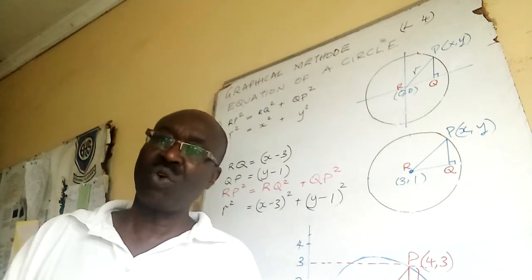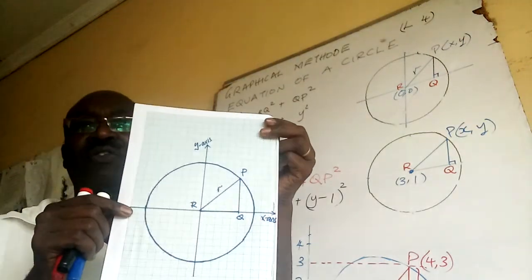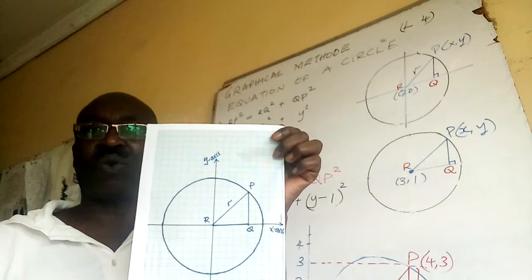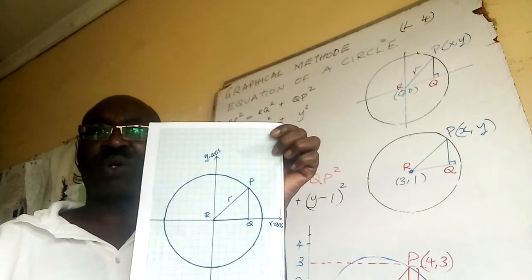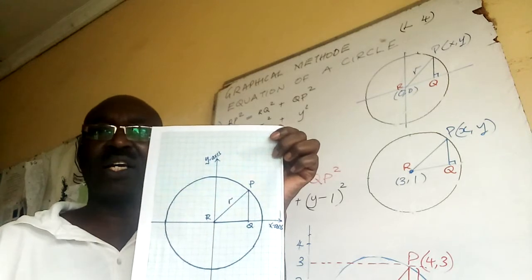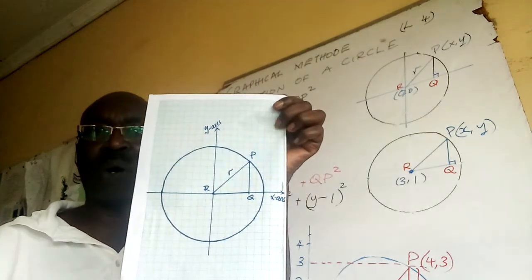Okay? So you can have your graph paper, and then you just draw a circle. On your Cartesian plane, you can easily get a backup of what I'm going to talk about.